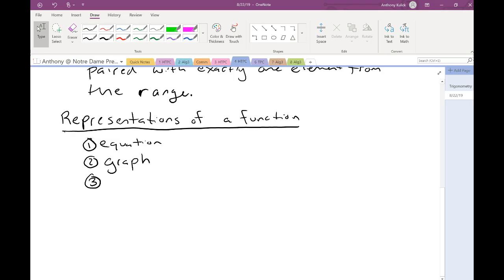Ben. Okay, set of ordered pairs. Good. Anybody else think of any?